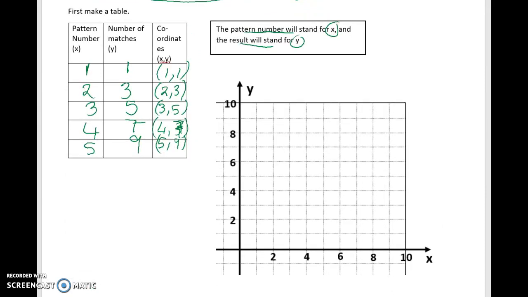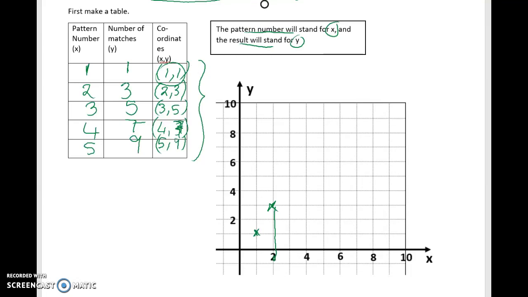What we're going to do now is plot all of our coordinates onto our Cartesian plane. So when we have the point 1, 1, I'm going to find 1 and go up 1 and plot that on there. Then I'm going to find the point 2, 3, so 2 on my X, and I'm going to go up 3 to there.